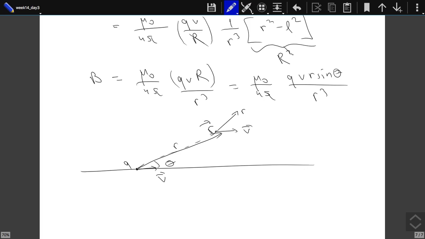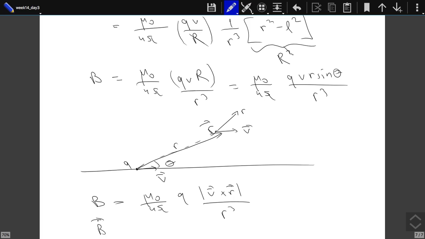And theta is the angle between the vector v and r. So B is just mu 0 over 4 pi q times the magnitude of v cross r divided by r cubed, because the magnitude of v cross r is the magnitude of v, which is v, the magnitude of the vector r, which is r, times the sine of the angle between the two. Well, the angle between the two is theta, sine of theta.